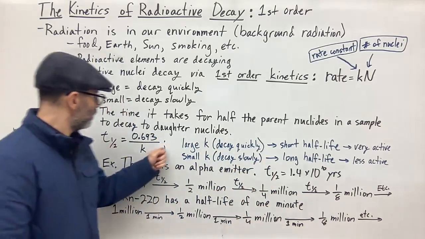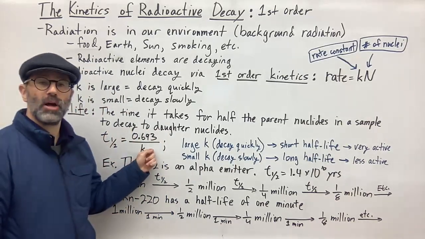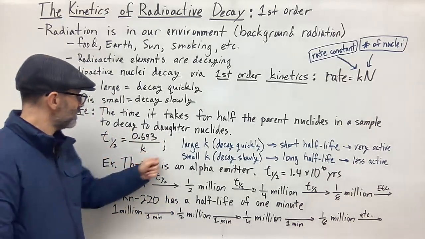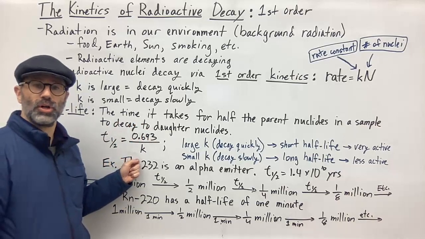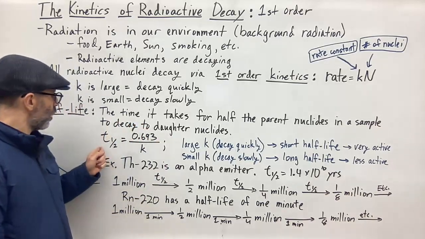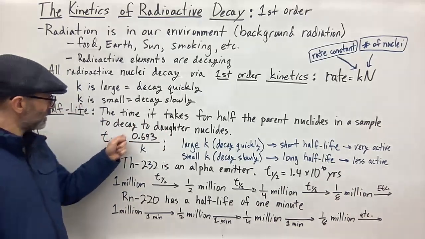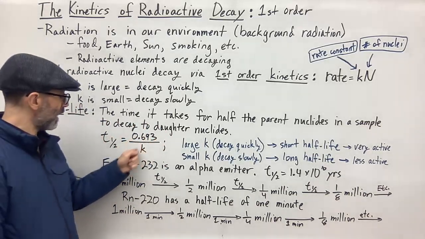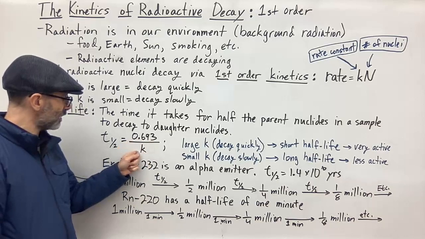Okay, so here, if you remember from a previous video, this is the half-life for first order decay, for a first order reaction. And so here it's 0.693 divided by the rate constant.